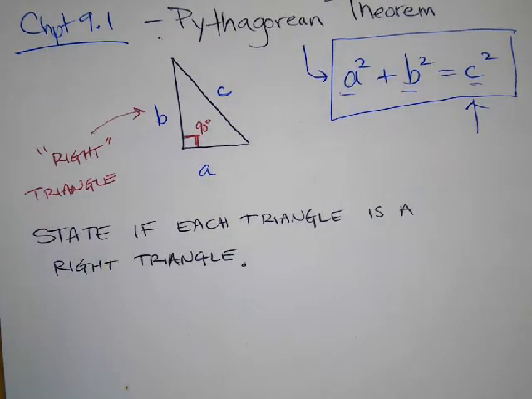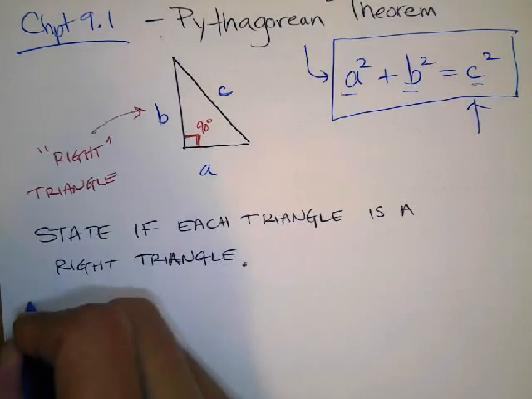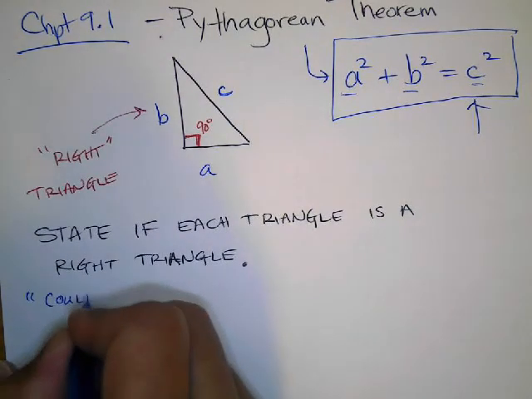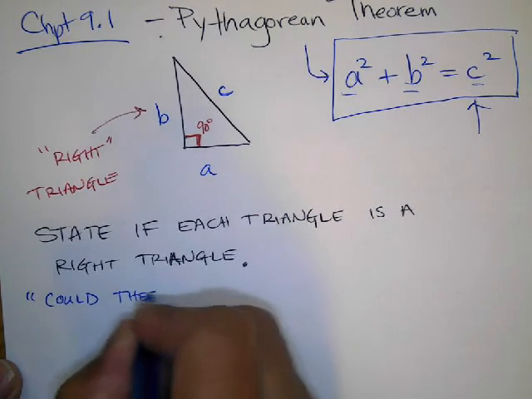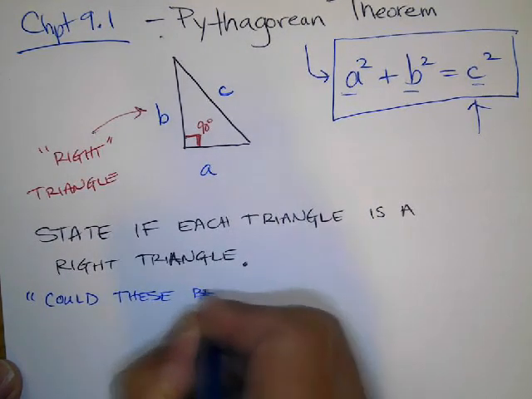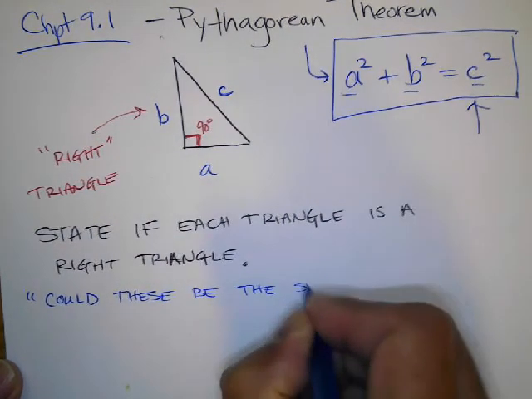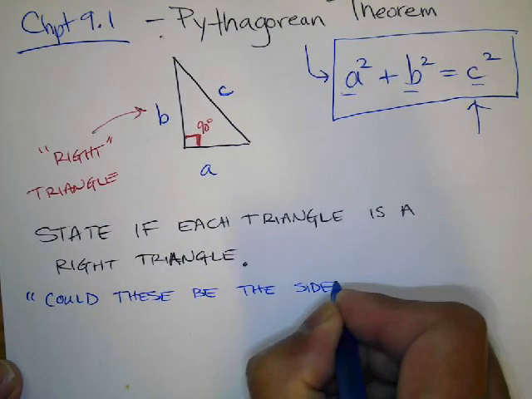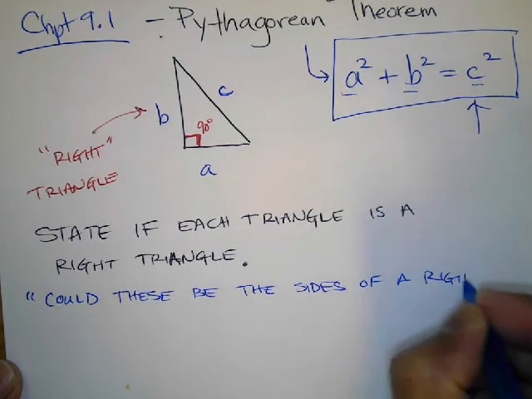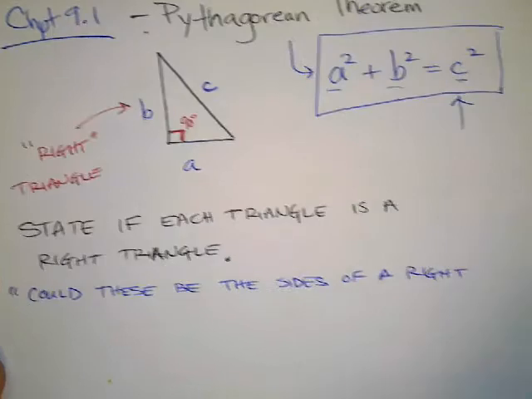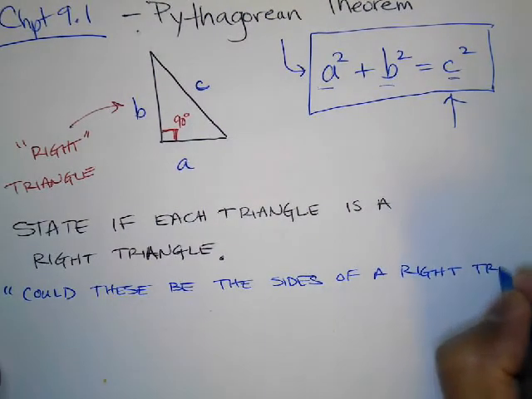Now, another way of saying it, and this is not the way they said it here, is I've seen this in other books or in other worksheets. It says this, and this is what this is really saying: could these be the sides of a right triangle?